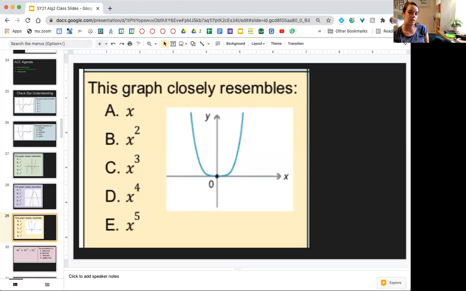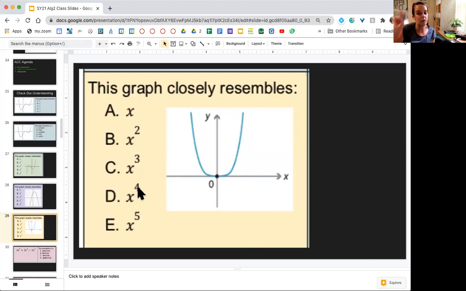Take 5, 4, 3, 2, and 1. Let me go ahead and end this. Okay, unfortunately, only 15% of us got the correct answer. Ooh, this is a trick question. I did it on purpose. The correct answer is x to the 4th.